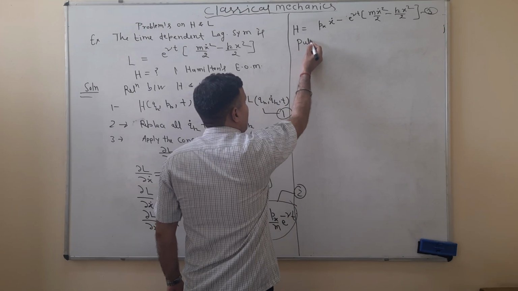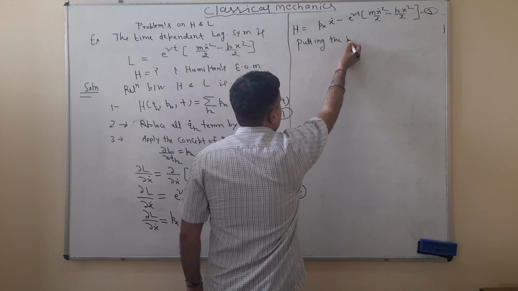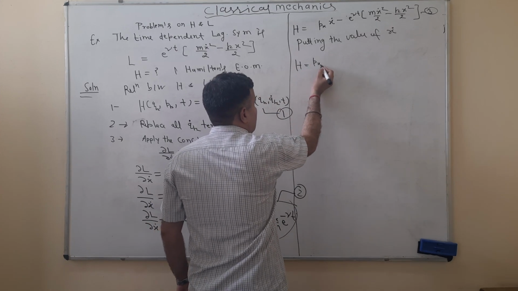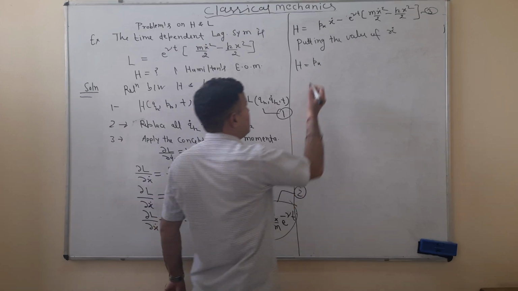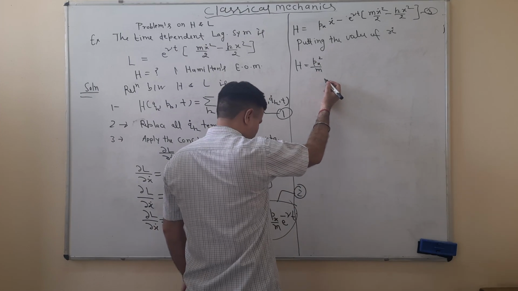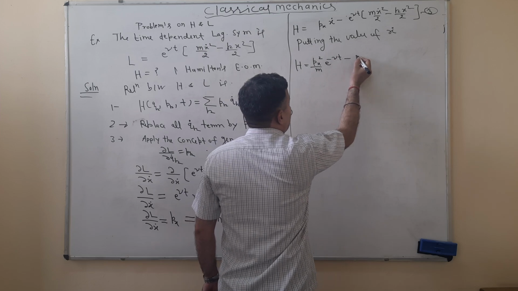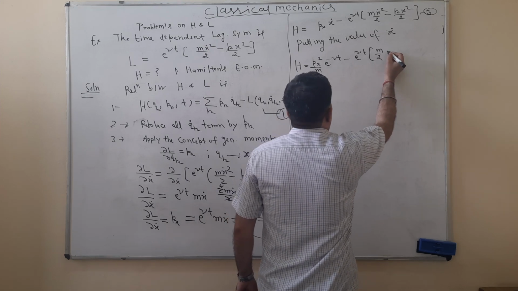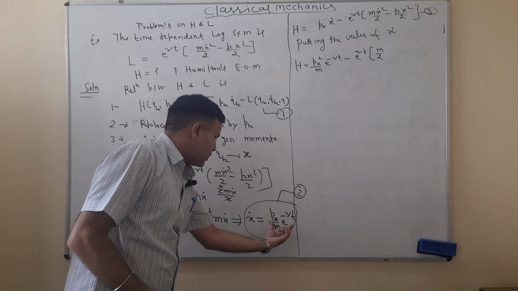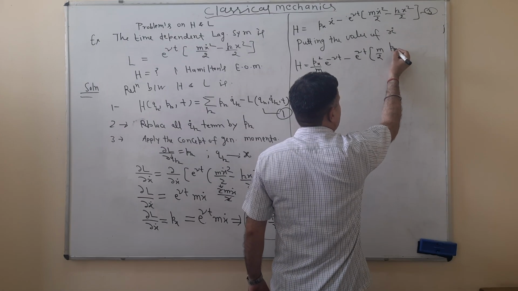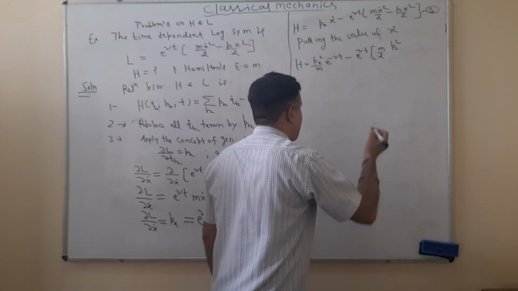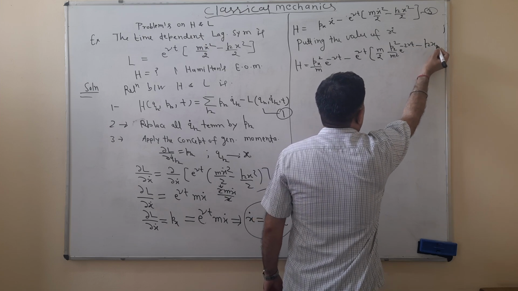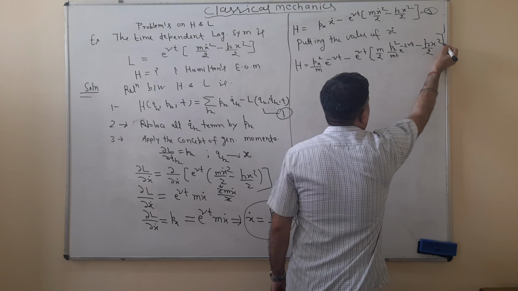now putting the value of x dot. So what we have: x dot is px by m e to the power minus nu t, so we get minus e to the power plus nu t, m by 2, e to the power minus nu t times px, the square of which is px square by m square e to the power minus 2 nu t, minus kx square by 2.